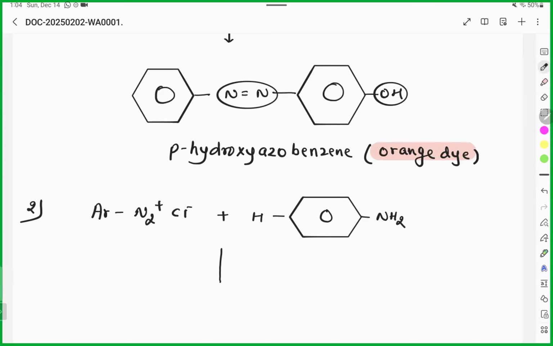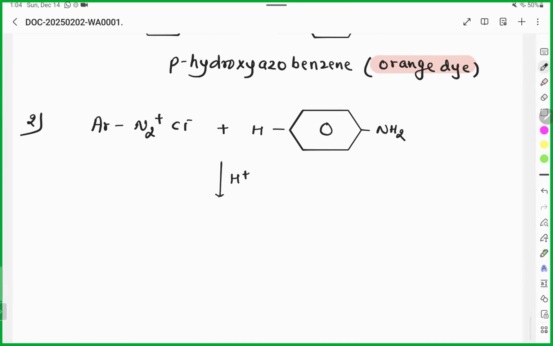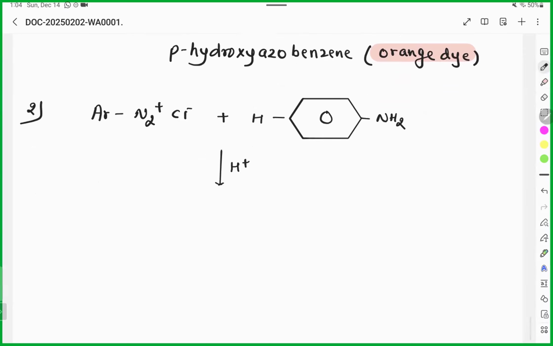If NH2 is basic, it will react in the acidic medium, correct? Things will be the same. HCl will be removed. So what will be the product? 1, 2, 3, 4, 5, 6, then nitrogen double bond nitrogen, then 1, 2, 3, 4, 5, 6.